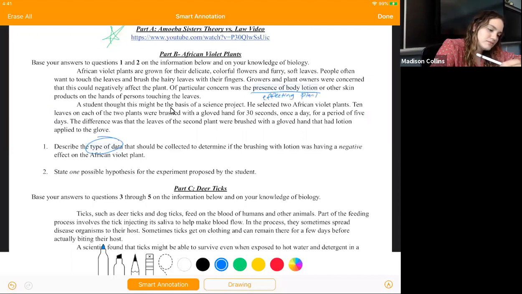So the type of data that we should collect to determine if it's having a negative effect are, let's say some examples, the color of the leaves, the growth of the plant, and you also need to specify how you're measuring that, so let's say measured in centimeters. We could also look at the amount of damage on the leaves.